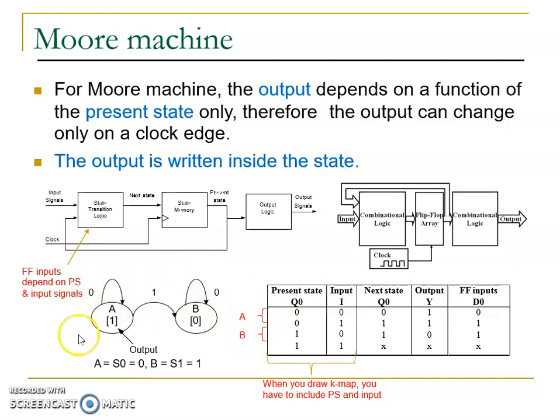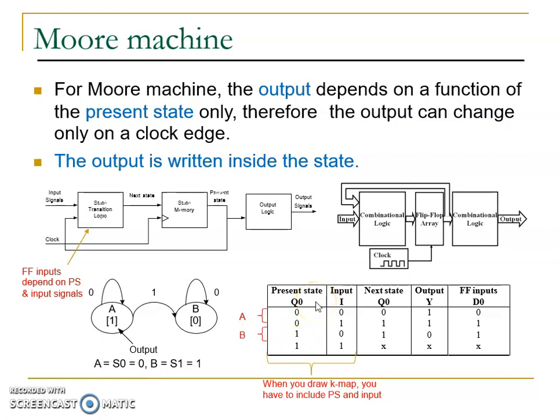Okay, so this is the same example of the Moore machine state diagram, and this is the truth table. You can see that they have two states, state A and state B. State A is represented by 0 and state B is represented by 1.